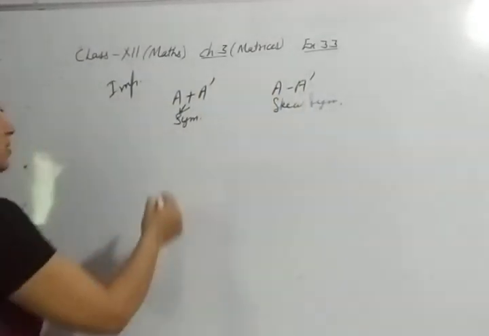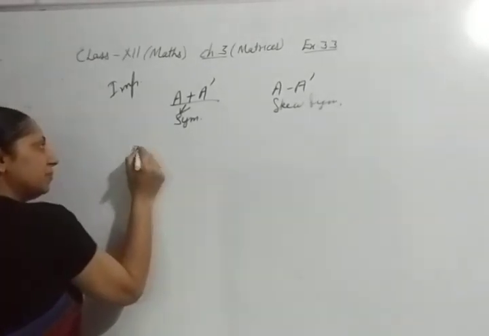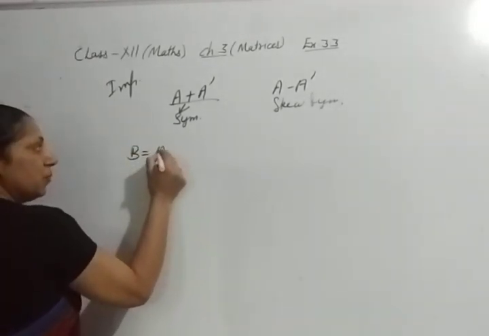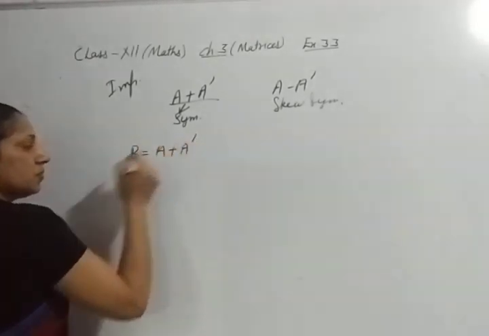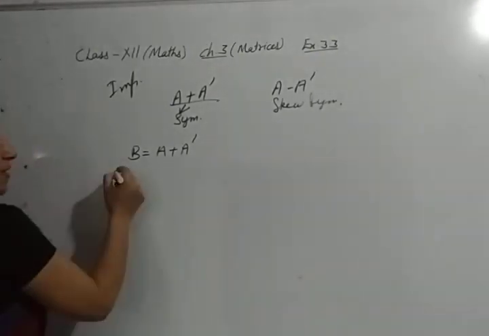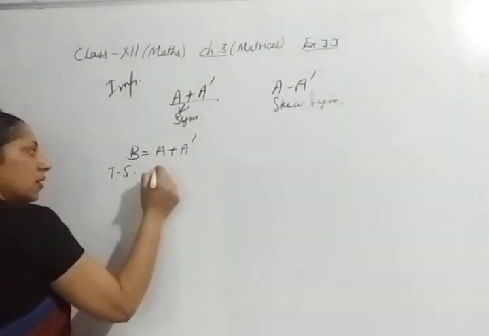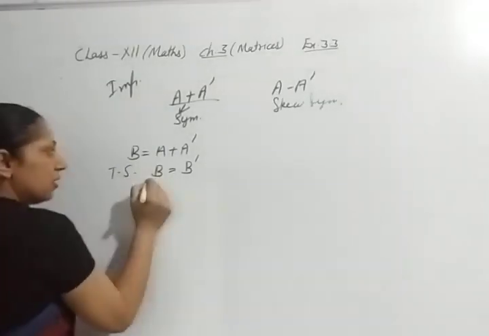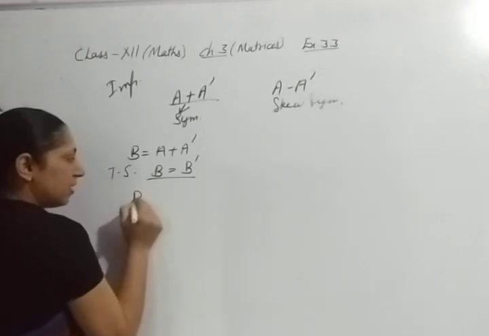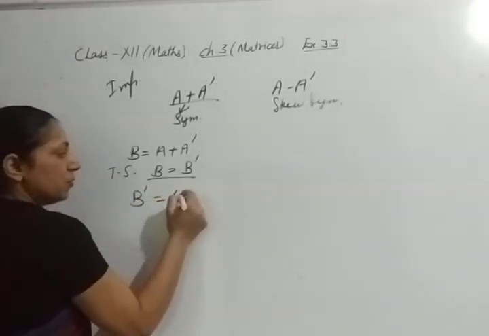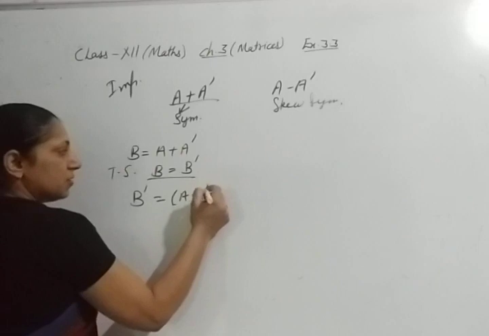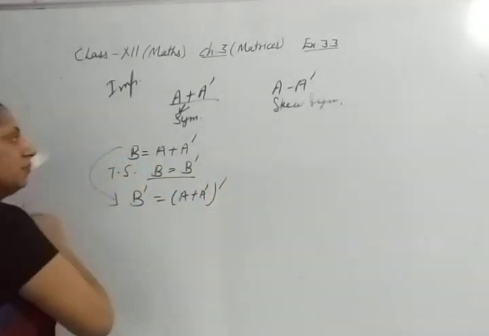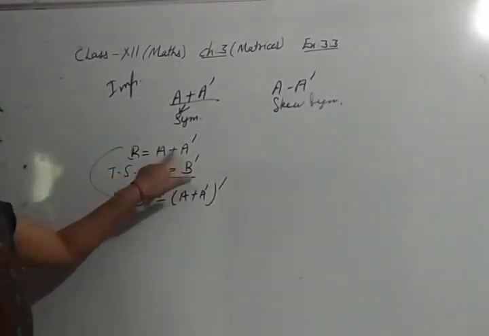So let's take it as B. B is equal to A plus A transpose. It means we have to show B is equal to B transpose. Now B transpose is equal to A plus A transpose, taking transpose both sides.